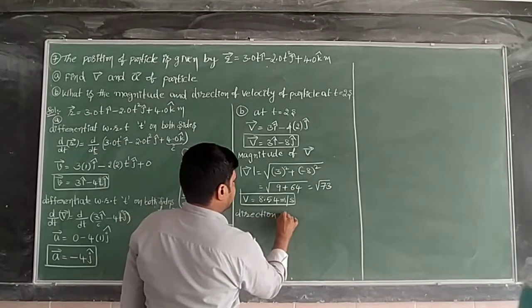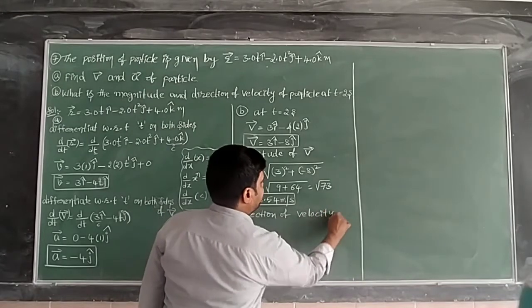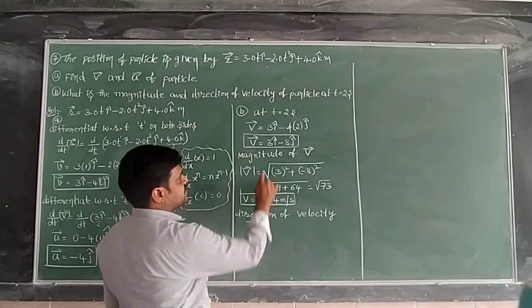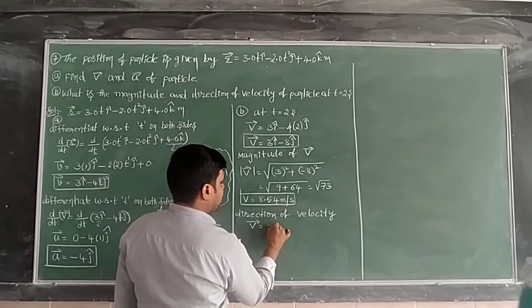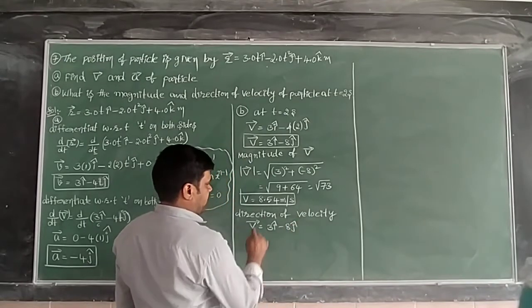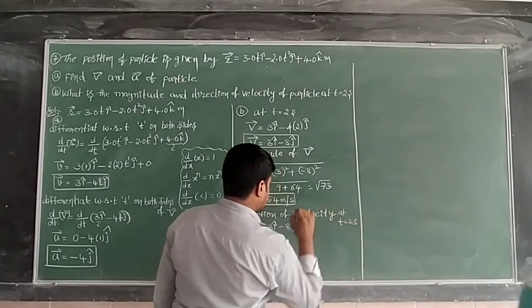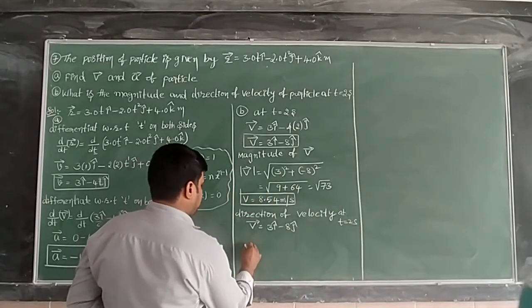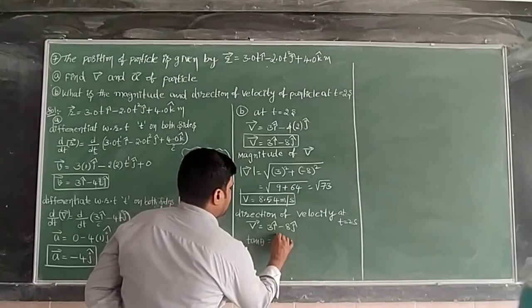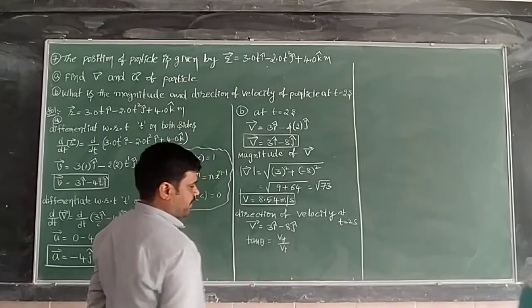Next, let me see the direction. For the direction of velocity, first take the velocity vector. V bar at t equal to 2 seconds is 3 i cap minus 8 j cap. To find the direction, tan theta is equal to the y component of velocity divided by the x component.